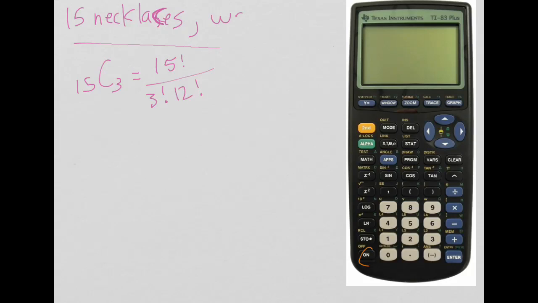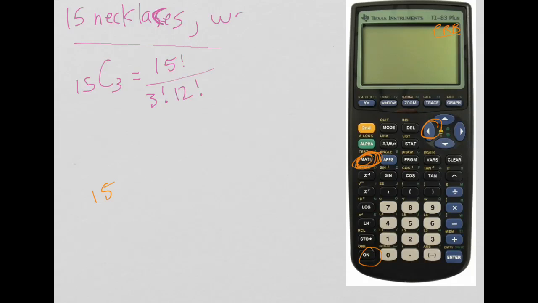So turn your calculator on, and first off remember that to enter this combination, 15 choose 3, before you do anything, we actually want to type 15 into our calculator. So go ahead and hit 15 first, and then go to Math, and then the option up here in the top right will say PRB for probability.